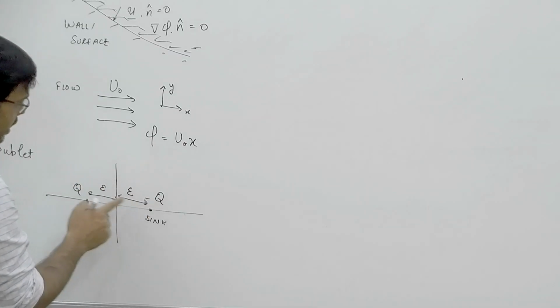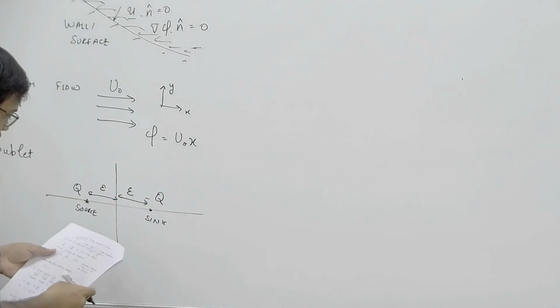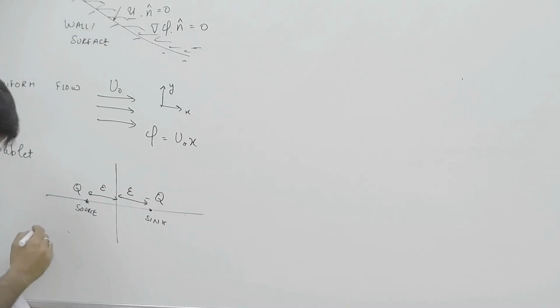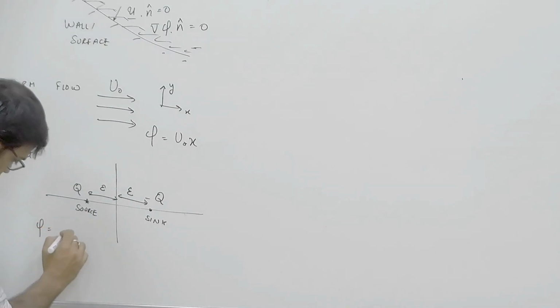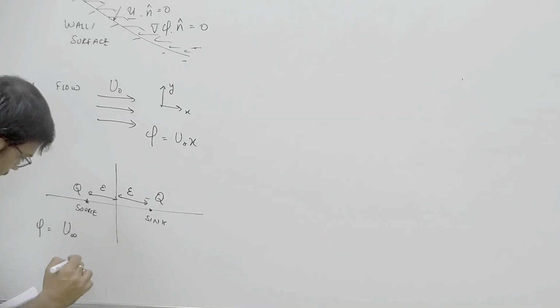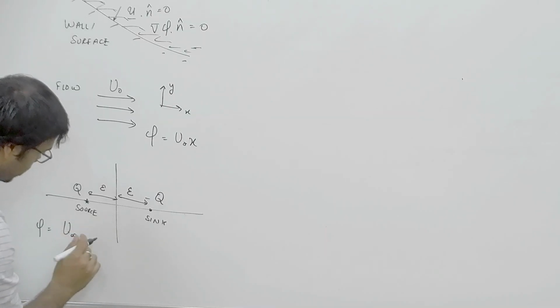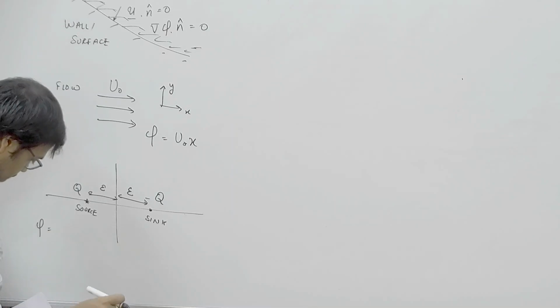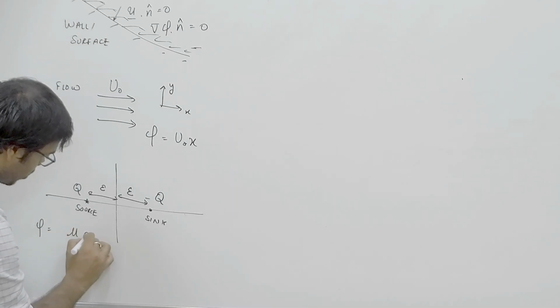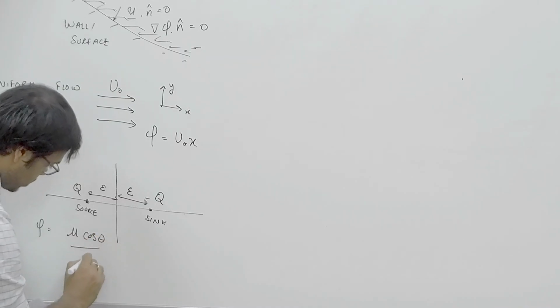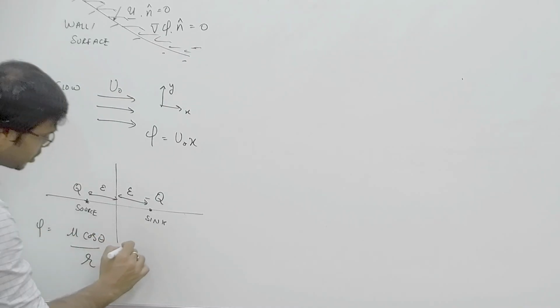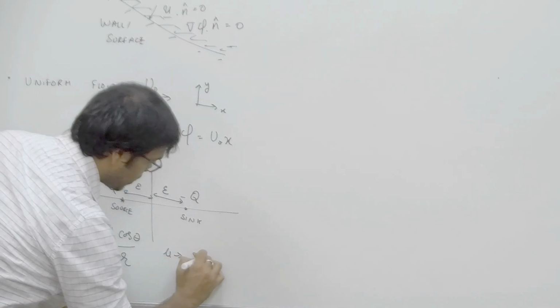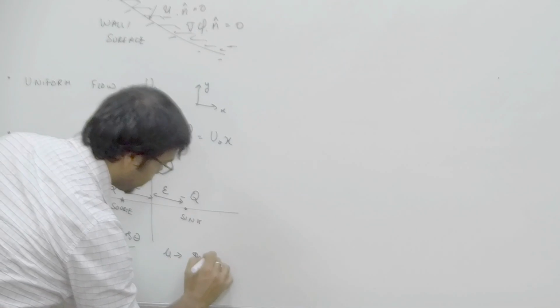Okay, and then you can formulate the velocity potential for this as, let's write it like, some mu cos theta over small r. Okay, where this mu is the source strength, or sorry, the doublet strength.